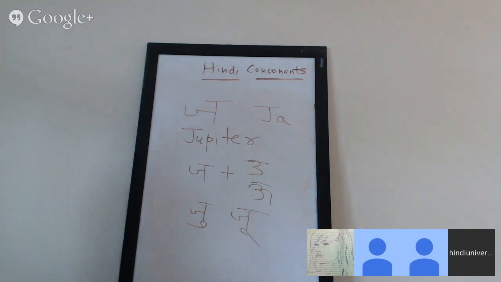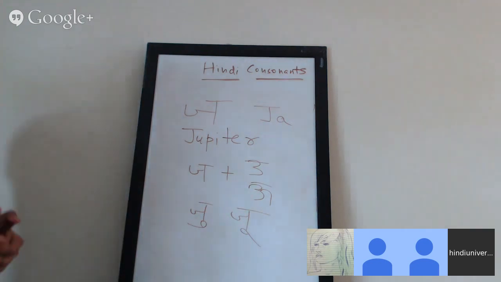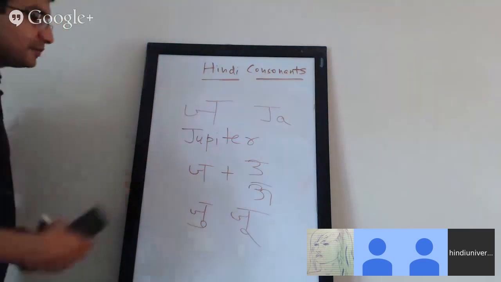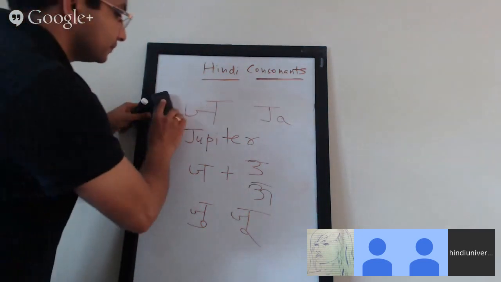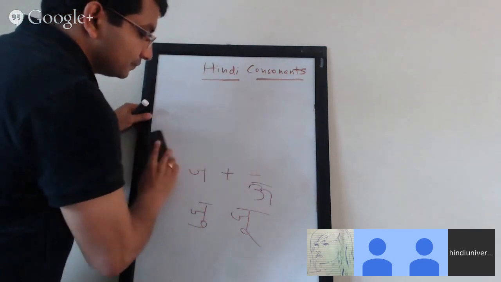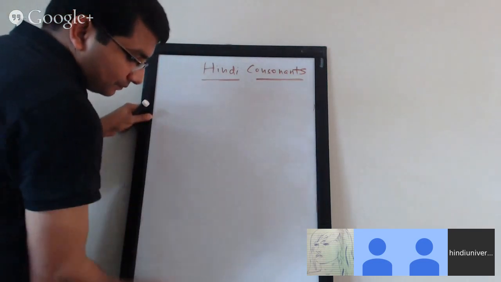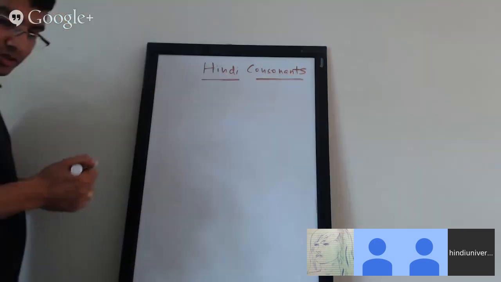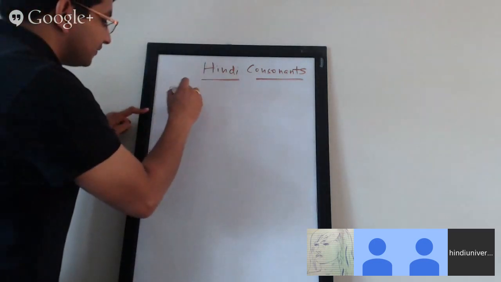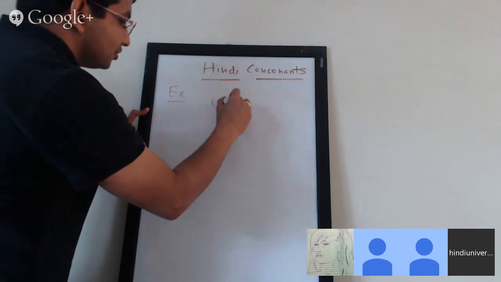So let's jump to the next one now, which is the aspirated version of J. Even on this one, the exercise is still the same.